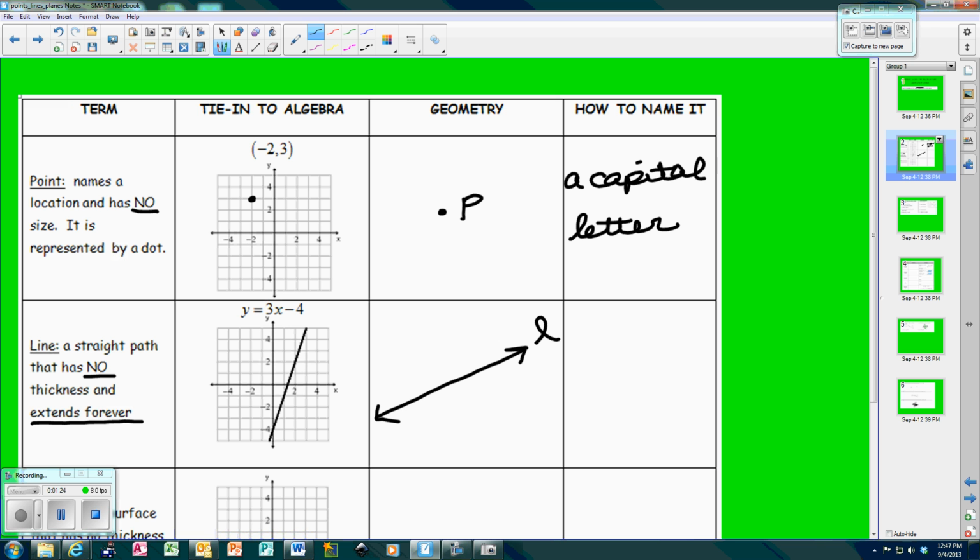And we name it with a cursive letter, or we use the points that are located on the line. So, how to name it? A lowercase letter, or 2 points.